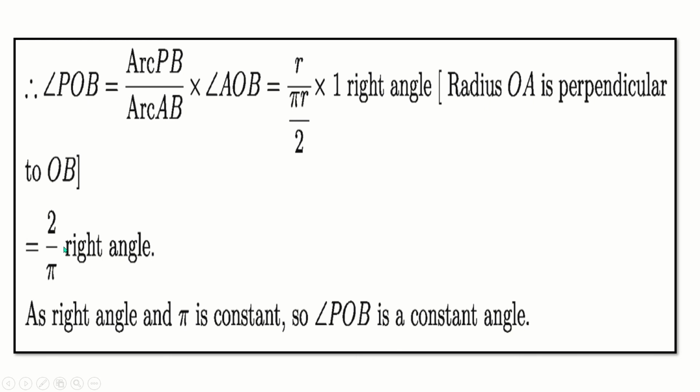So 2 is constant, pi is constant, right angle is also constant, so this part is a constant, and this is equal to angle POB, which is a radian angle. So radian is a constant angle. Clear? Constant means whose values are fixed. 2 is fixed, pi is fixed, right angle is also fixed, that is, right angle is equal to 90 degrees. Clear?